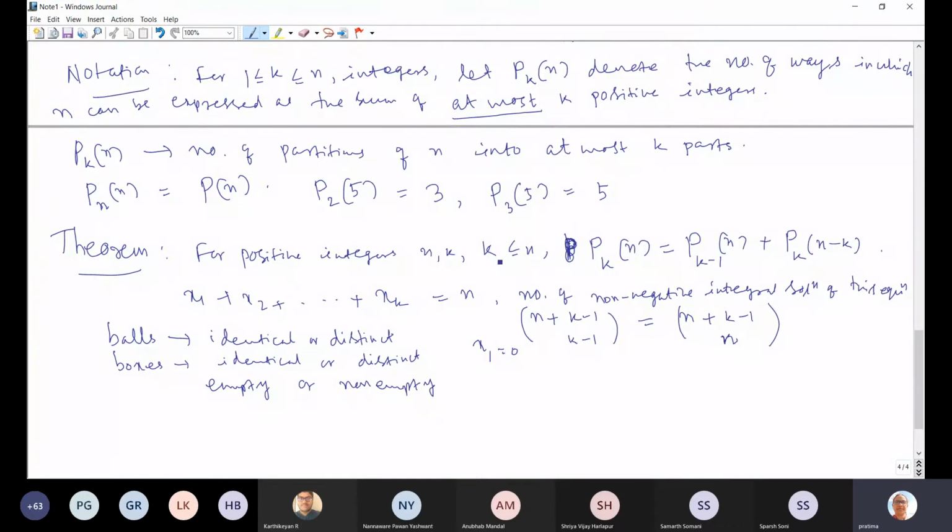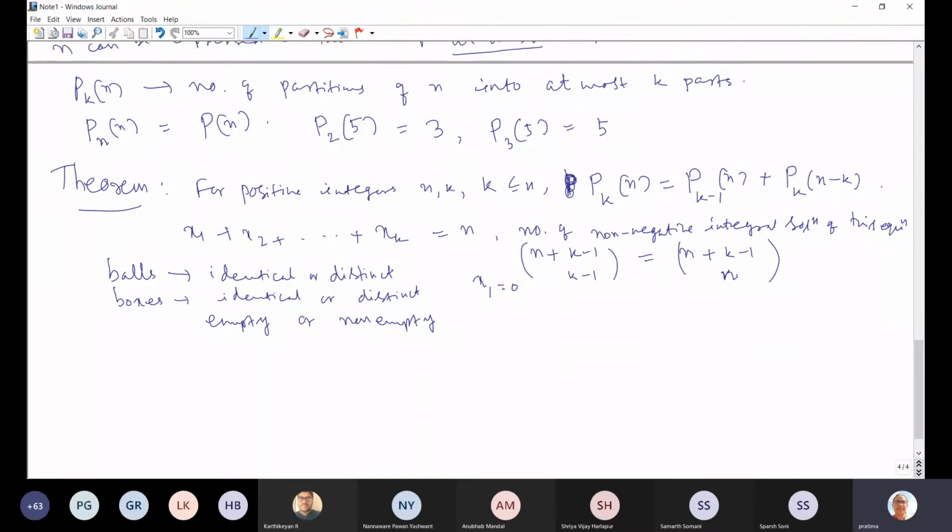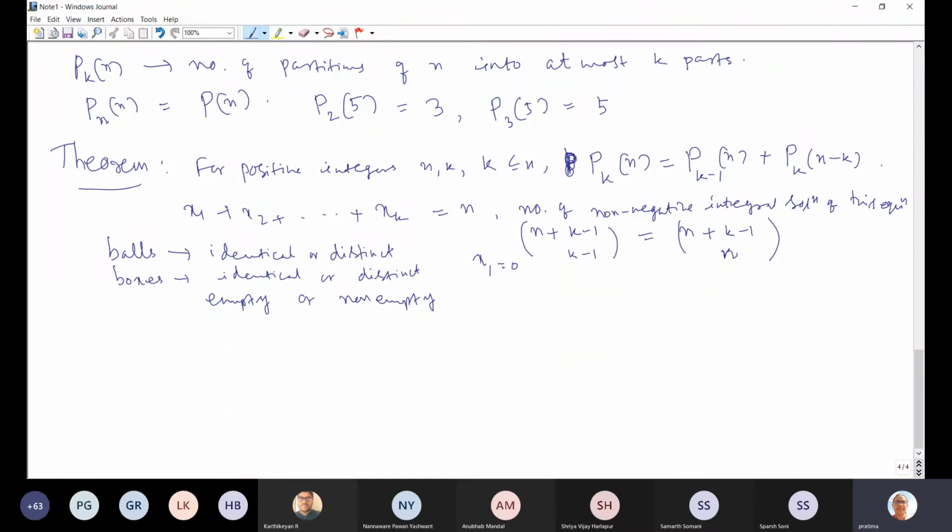Each case has 2 possibilities, and combining all 3 we have 8 different ways of distributing the balls into boxes. I'll summarize all 8 cases and tell you the number of ways, the formula, for each.